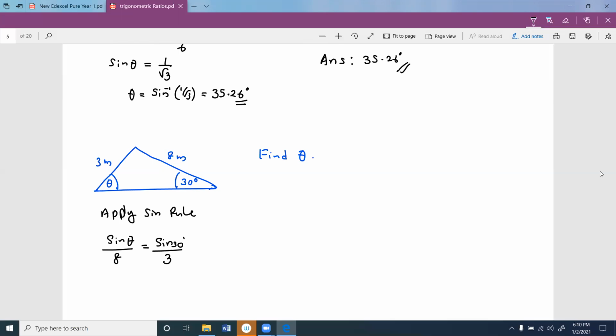Let's work it out and see. This cannot be 8. I think 8 is not suitable here. This is pretty big. So we'll just put 4, okay? It's 4. Yeah, 4 is good.